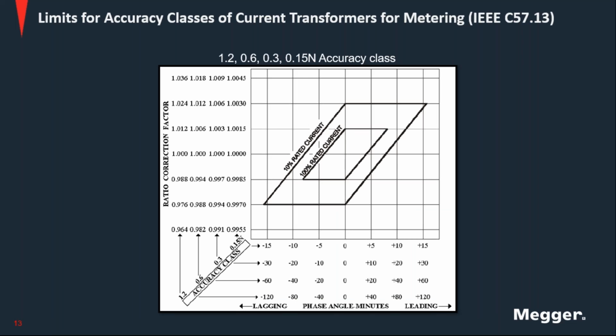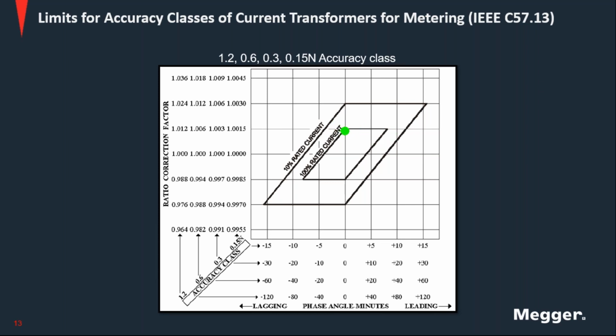So in this case, for 100% of rated current, we have minimum ratio correction factor and minimum phase angle. Then we have another corner of this parallelogram defined by a minimum ratio correction factor and maximum phase deviation. And the same thing applies for the other two vertices.